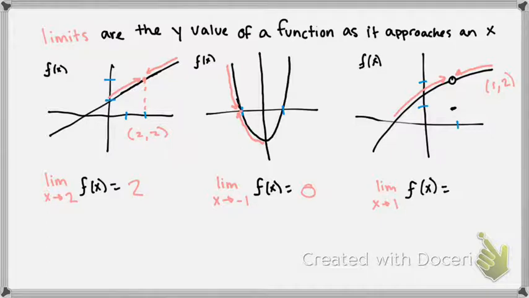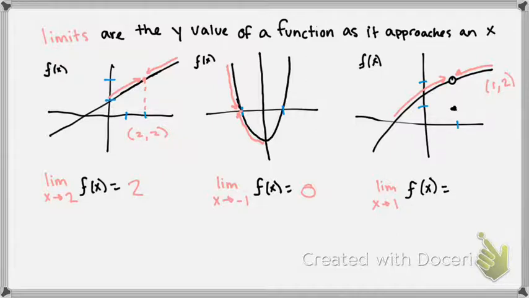Because whenever you are looking at the graph, you see that there's a point down here. So wouldn't it be that the limit as x approaches 1 would be 1?